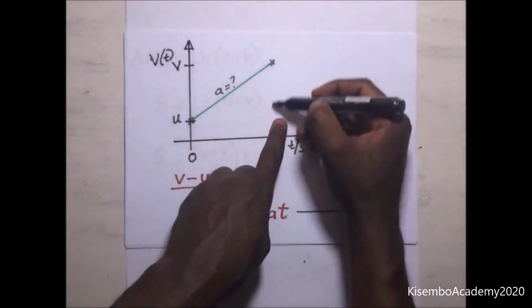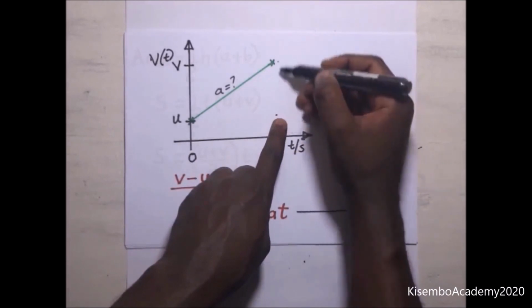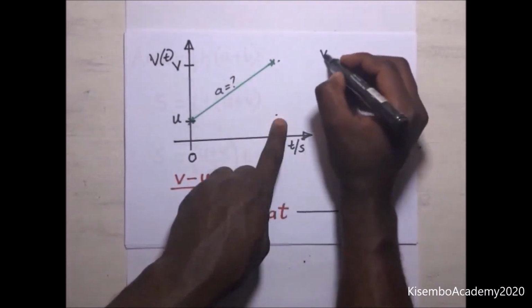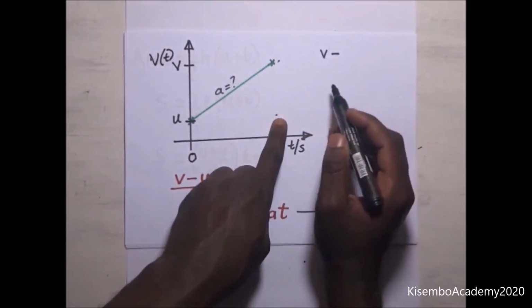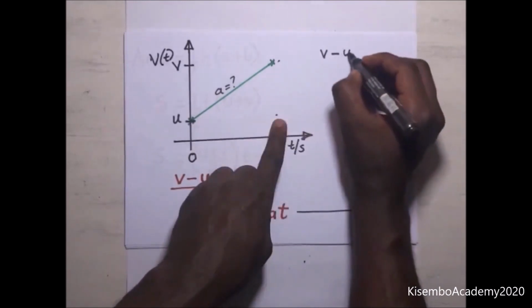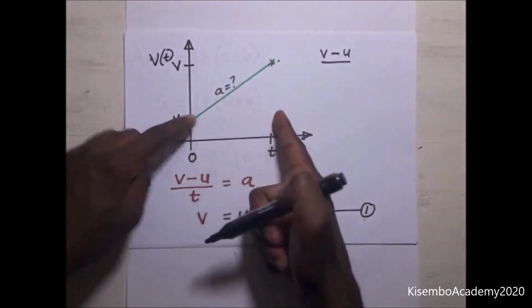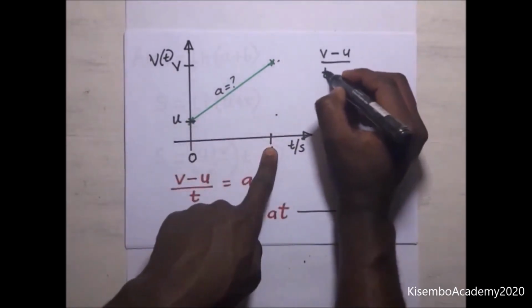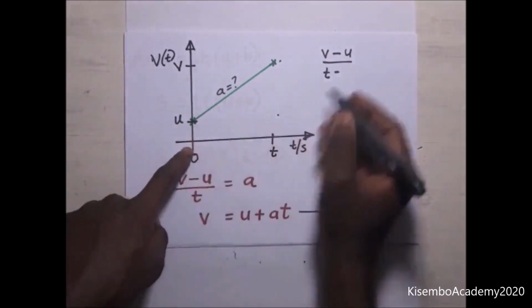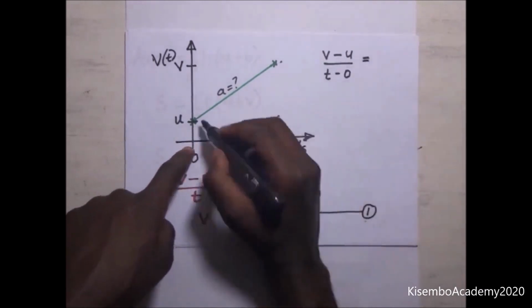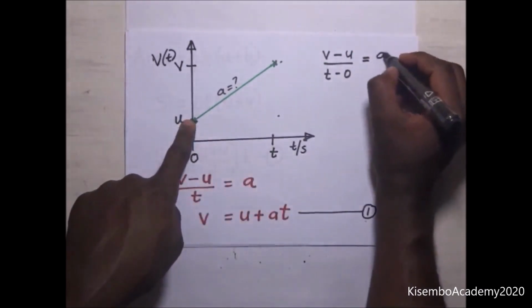The change in y is the final velocity v minus the initial velocity u, divided by the change in x. The change in x is the final time t minus the initial time, which is 0. This gives us the slope, which happens to be the acceleration.